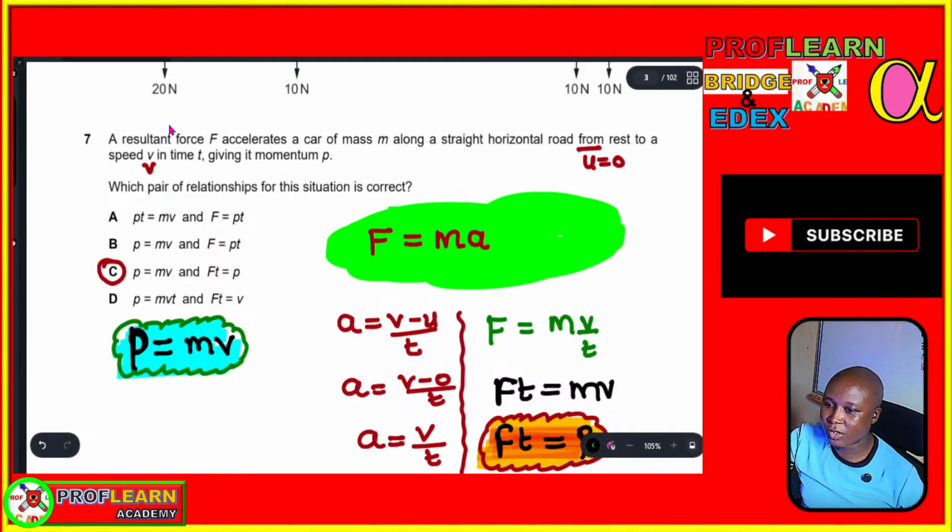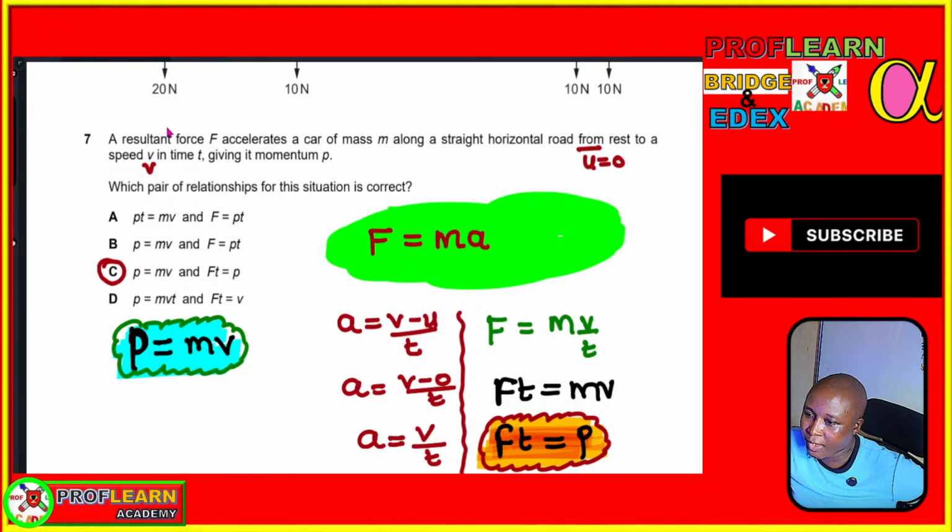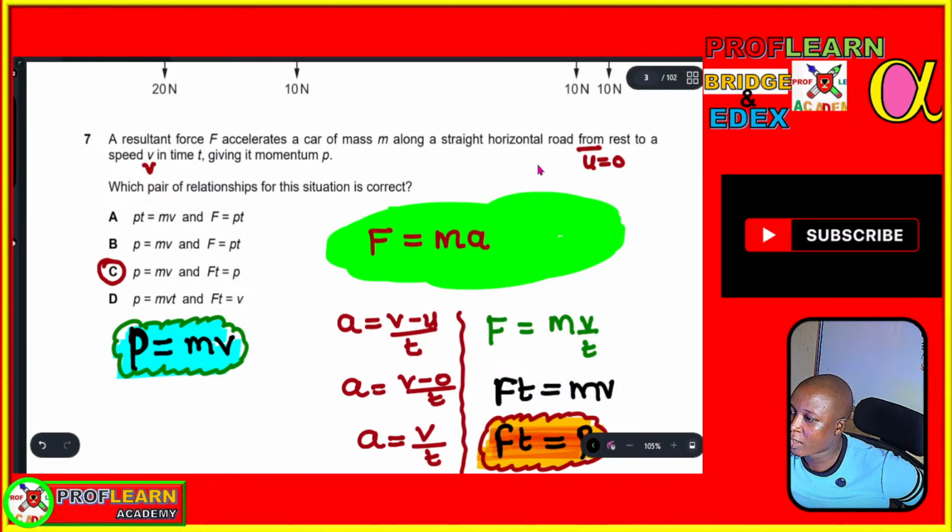Now, the resultant force F accelerates a car of mass m along a straight line. At this point, you need to remember the force is equal to mass times acceleration. We are told that the initial velocity u was 0 because it was starting from rest. If you want to work out the acceleration, it will be v minus u over t. In this case, acceleration in terms of v and t will be this value here.